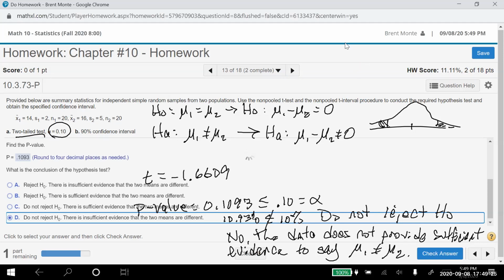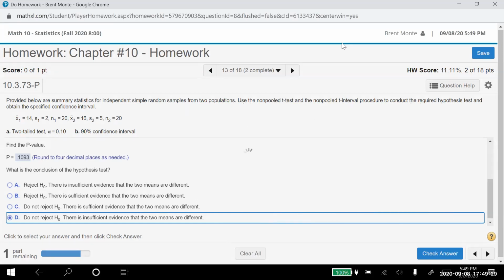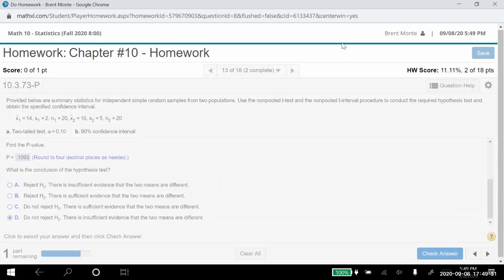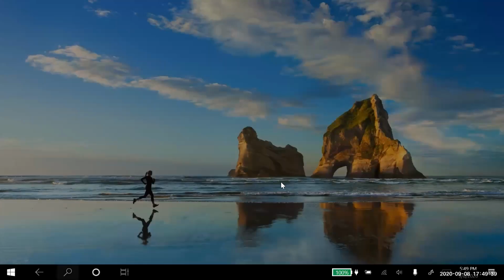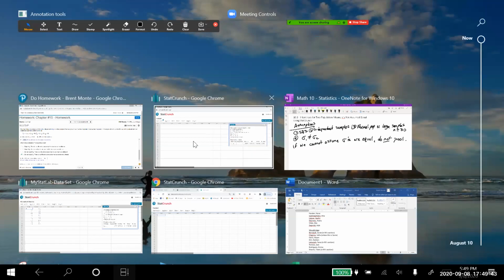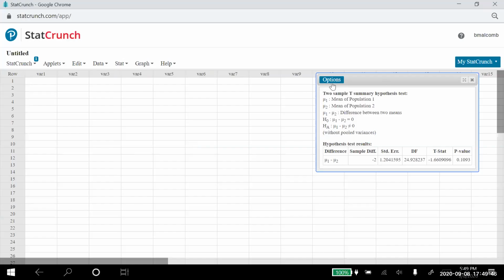For the confidence interval, we want a 90% confidence interval, 3 decimal places. So let's go back and pull up StatCrunch. I think it's already got our numbers in there. Let's see.